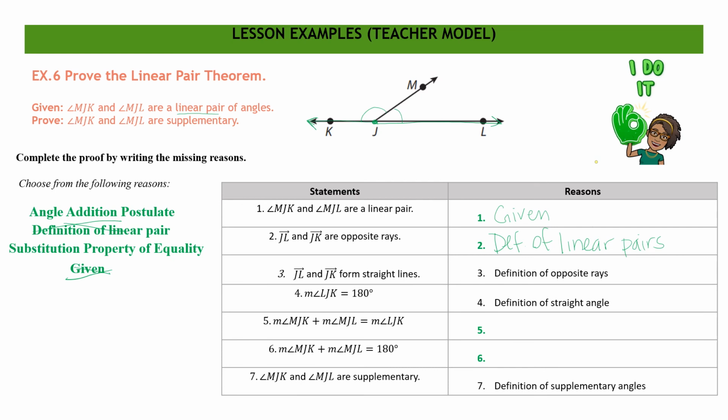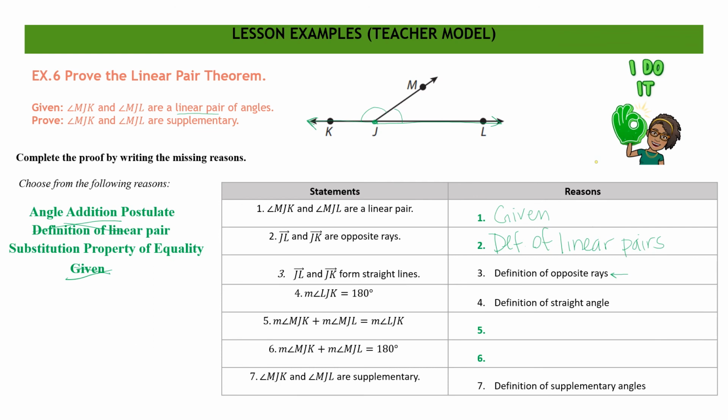And now number 3 says ray JL and ray JK form a straight line. So we just stated that when you have linear pairs, the opposite rays form a straight line, so that is true. And the reason is the definition of opposite rays for number 3.